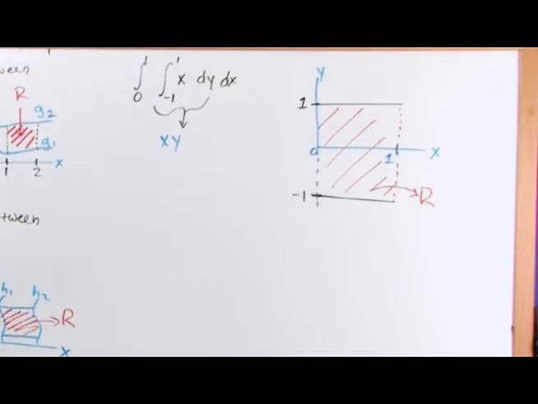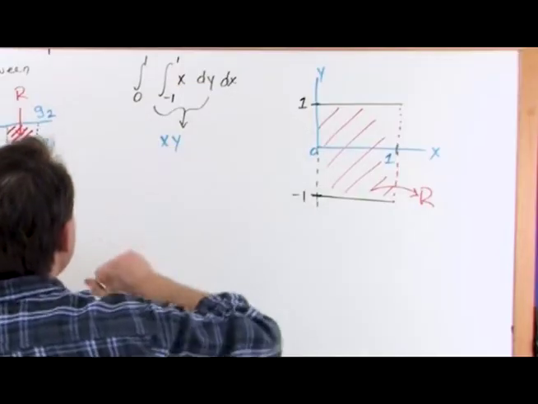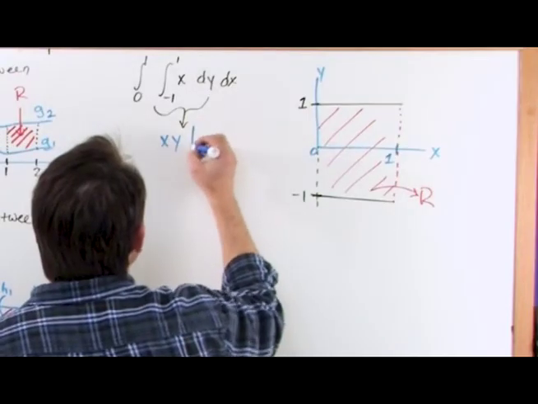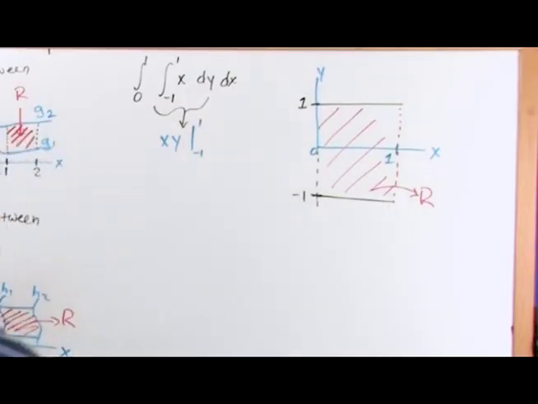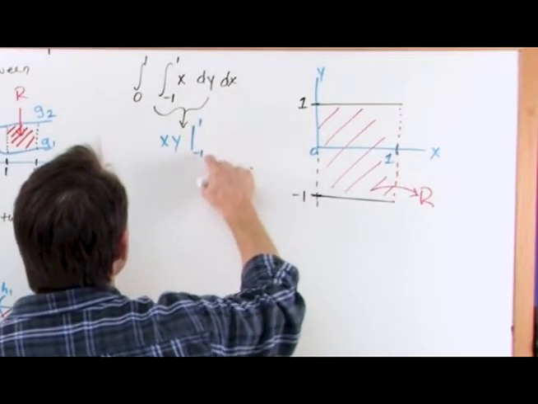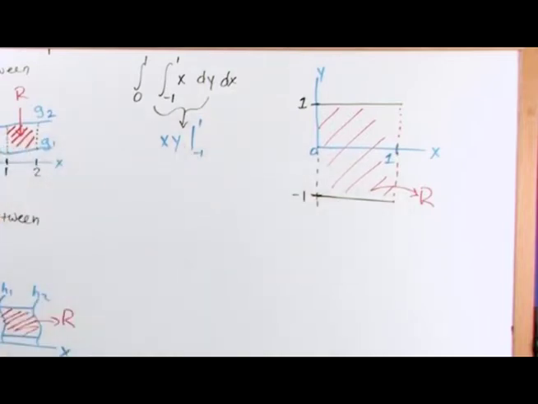So the answer to this little integral, which is kind of like a partial integration because you're only integrating along y, is xy, evaluated from -1 to 1. But don't forget, and this is equally important, when you do the evaluation, you're only plugging in values of y.